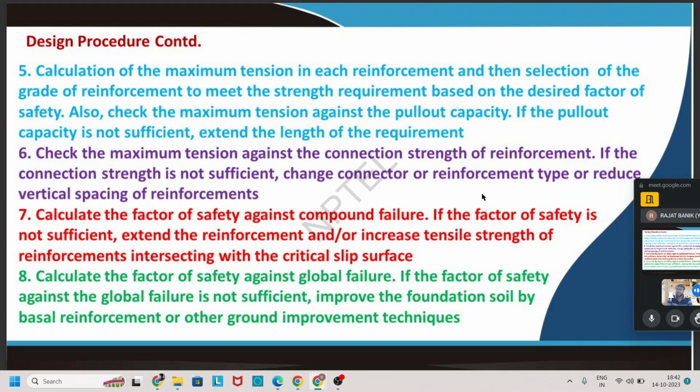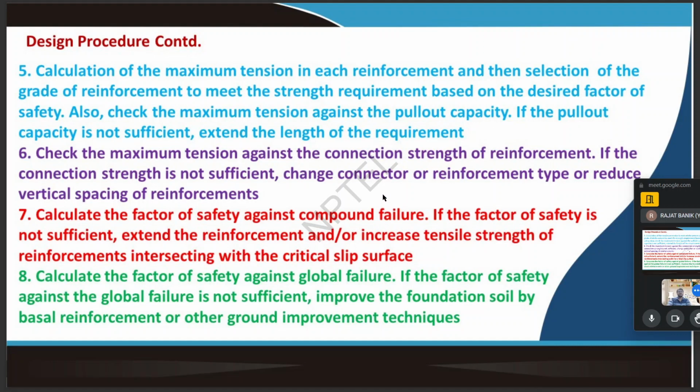If the pull-out capacity is not sufficient, extend the length of the reinforcement. Check the maximum tension against the connection strength of the reinforcement. If the strength is not sufficient, change the connector or reinforcement type to reduce the vertical spacing of the reinforcement.